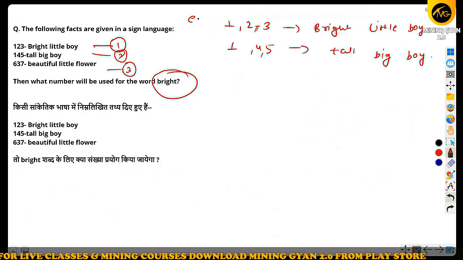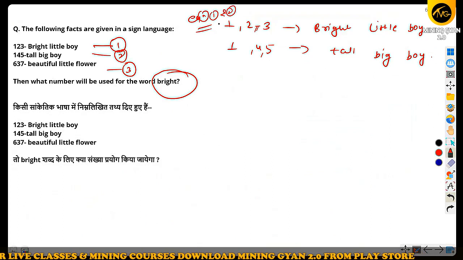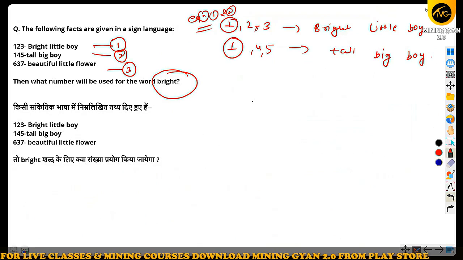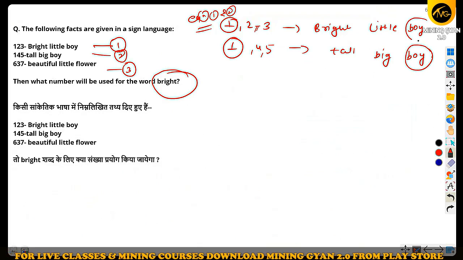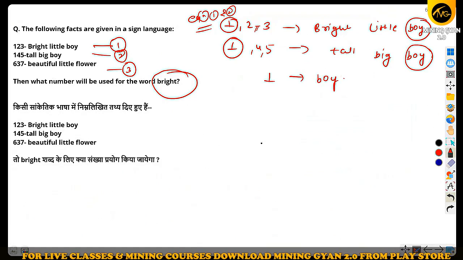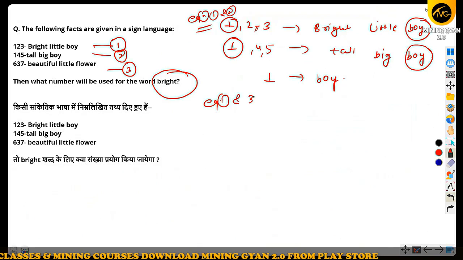Now equation number 1 and equation number 2: the number 1 is common in both equations and the word boy is common in both. So 1 represents the word boy. Is it clear? Now compare equation number 1 and equation number 3.